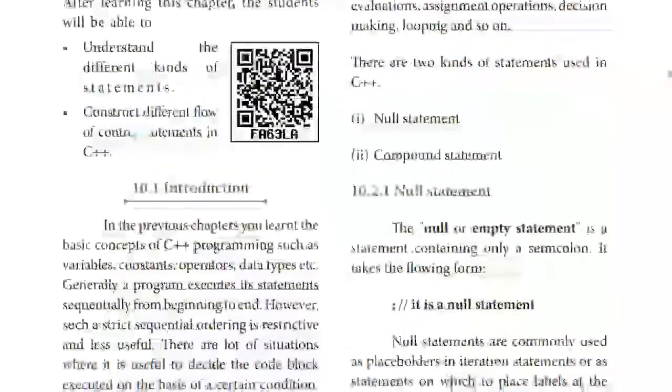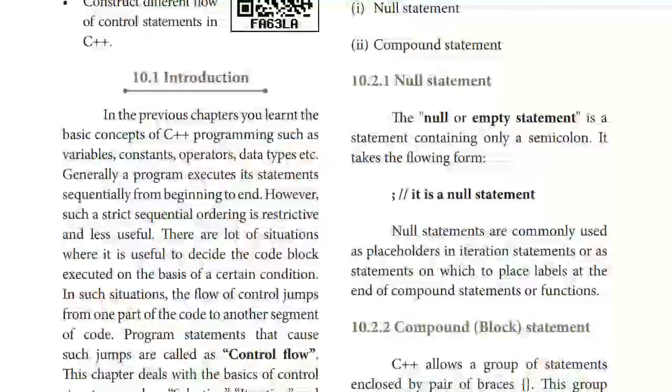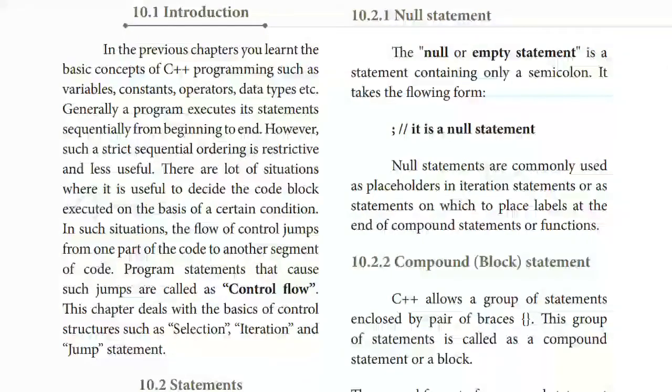Okay. So in the previous chapter we have learned the basic concepts of C++ programming such as variables, constants, operators, data types, etc. Generally, a program executes its statements sequentially from the beginning to end. However, such a strict sequence order is restrictive and less useful.